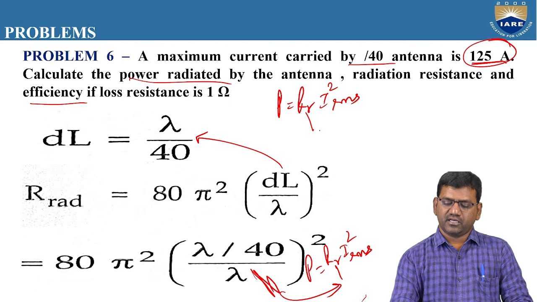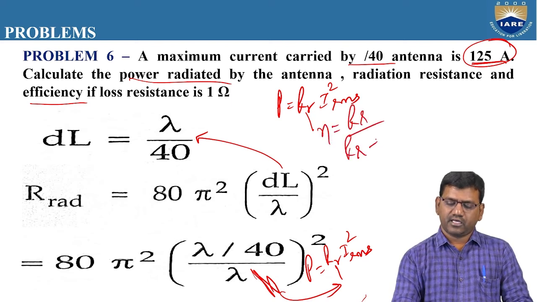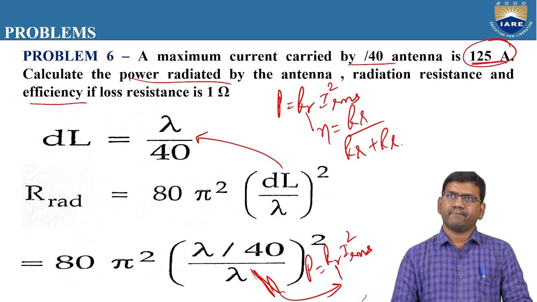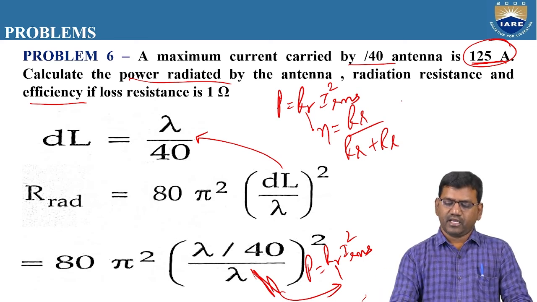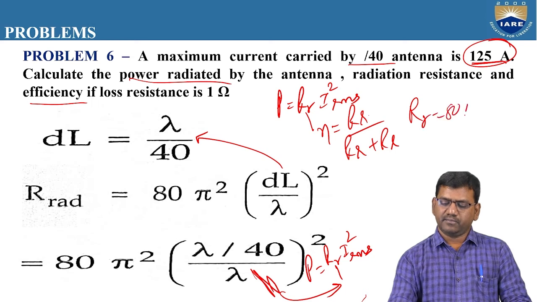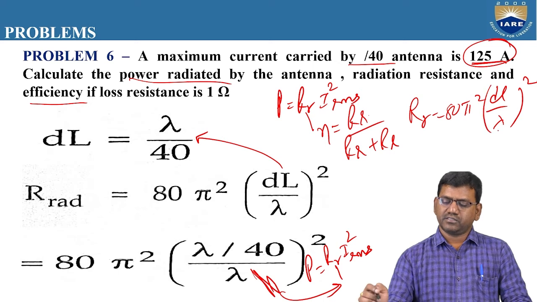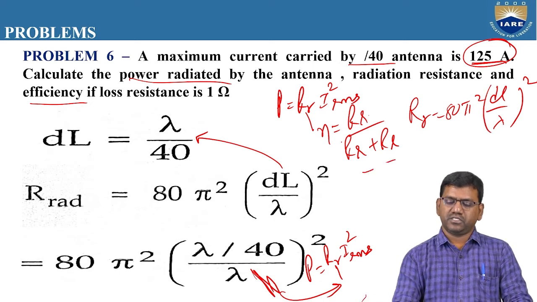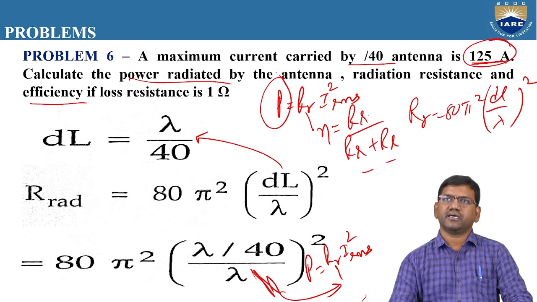So to determine RR, you have used the expression eta is equal to RR by RR plus RL. Here we do not know RR. So to determine RR, we have another expression, 80 pi square dl by lambda whole square. So we are using three different equations to determine the amount of power radiated by the antenna. Right?